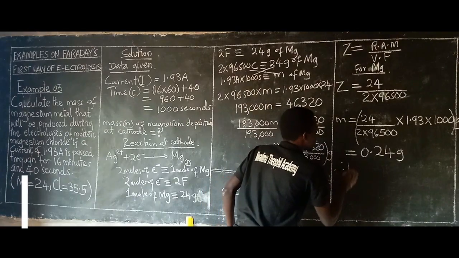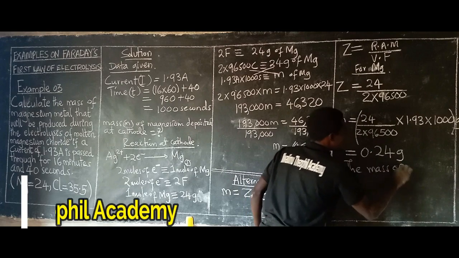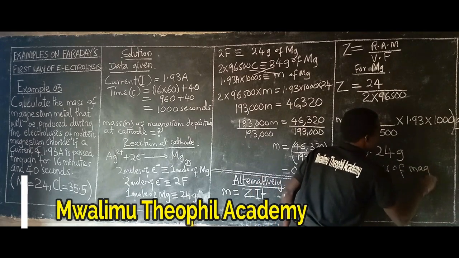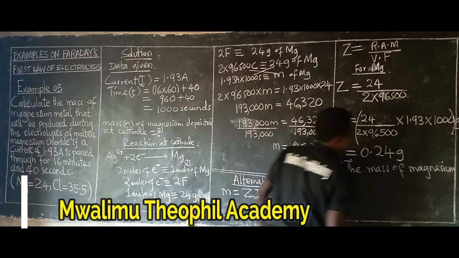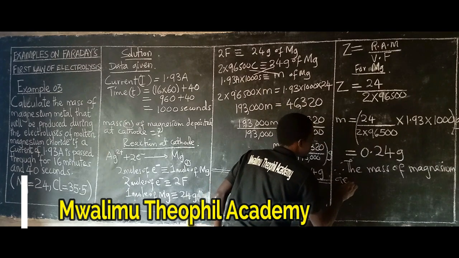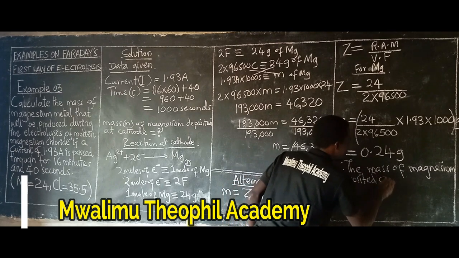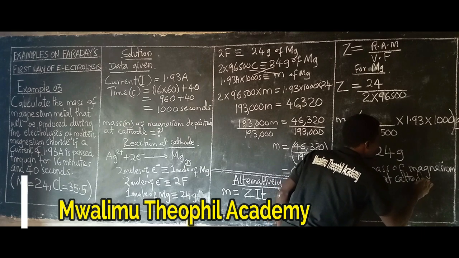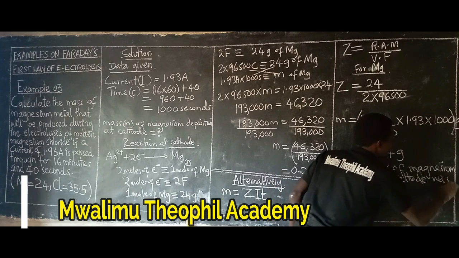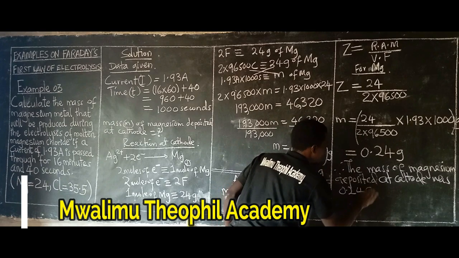So here we conclude that the mass of magnesium deposited at cathode was 0.24 gram.